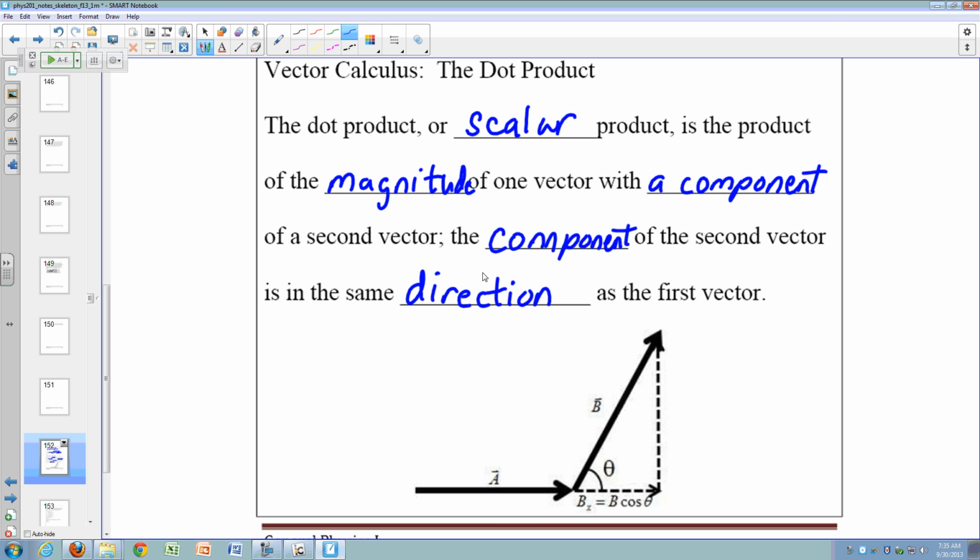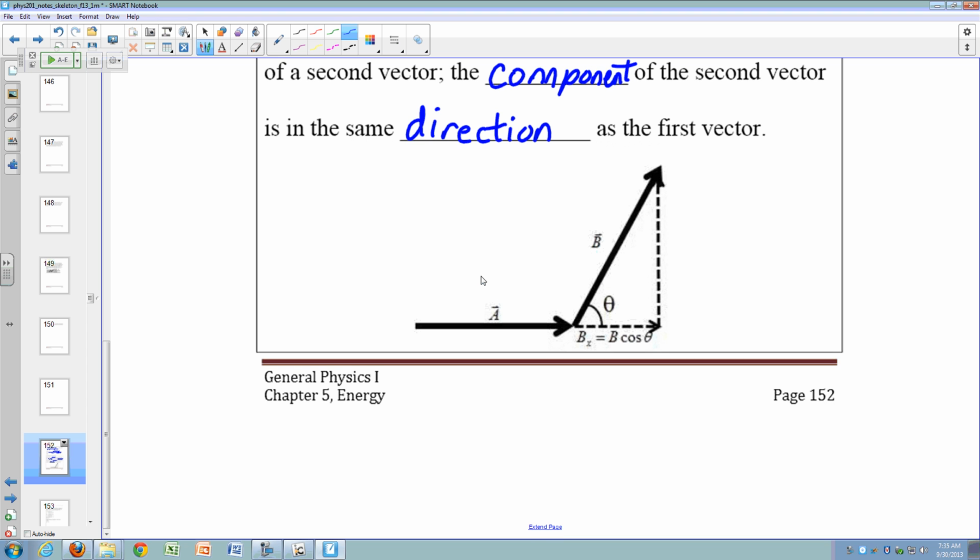So for example, let's say that I have these two vectors. I have a vector A pointing in this direction. Let's just say that its magnitude is 4 units long. And then I have a vector B, pointing up in this direction, and we'll say that its magnitude is 1 unit long. And let's say that this angle, just for example, is equal to 60 degrees.